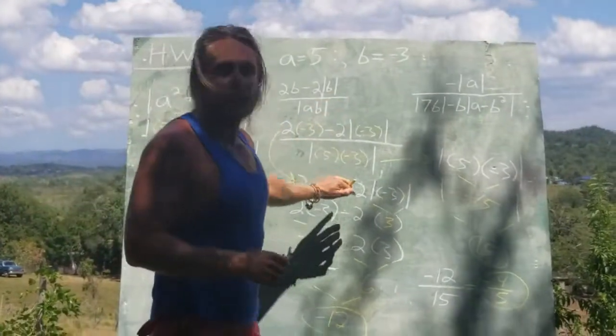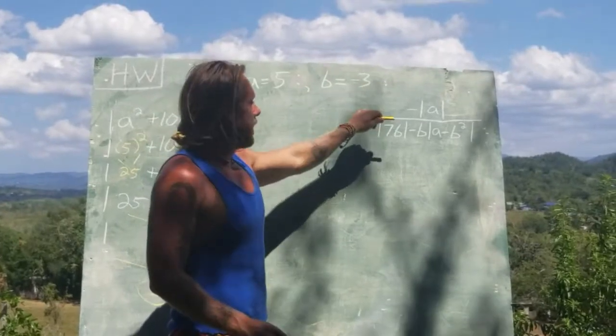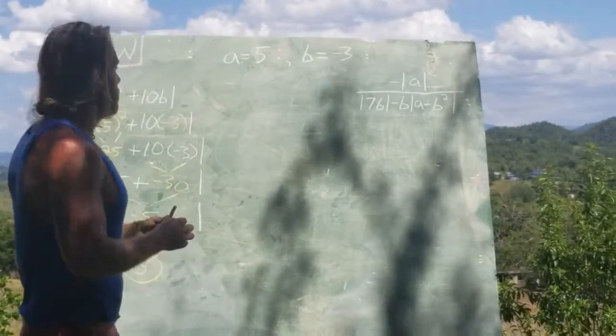And there is our final simplified answer. Let me erase this so we have some room to work with over here. One more to go. Let's first substitute in our values. I'm going to write it over here so we have enough board space.